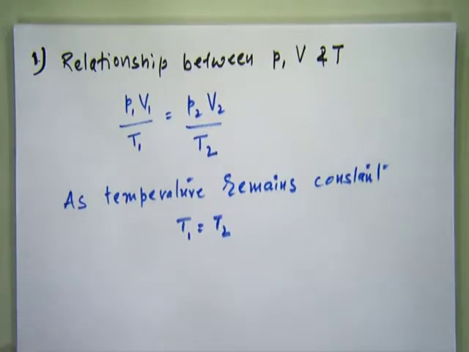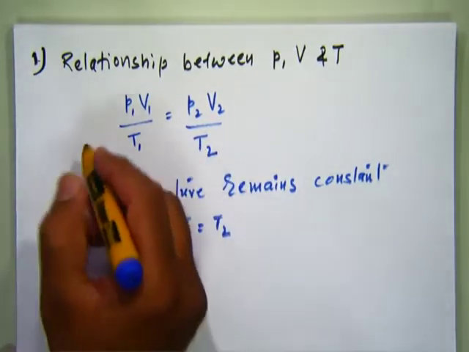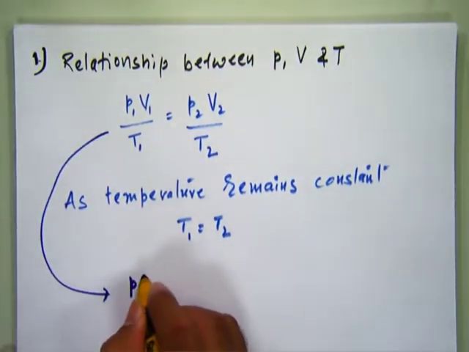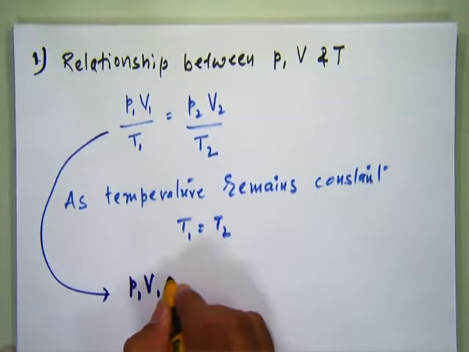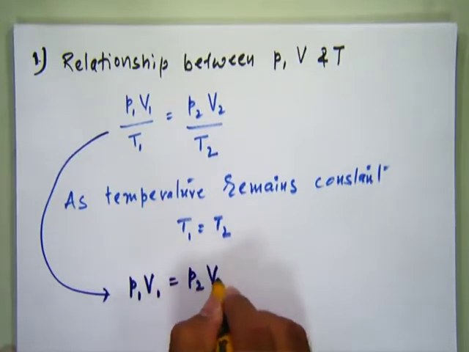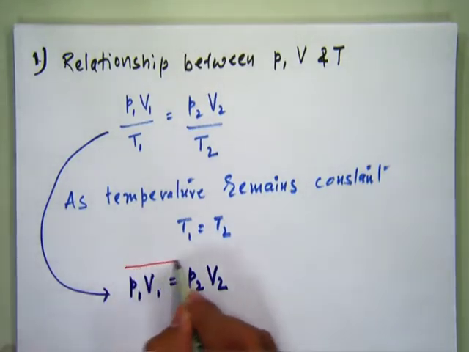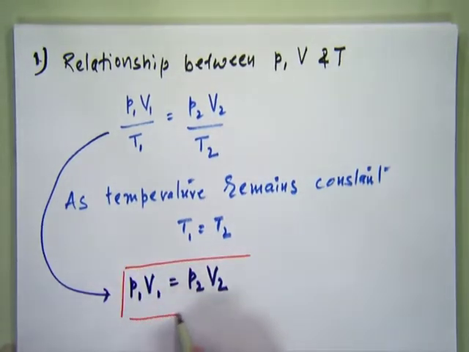When T1 is equal to T2, you can write this as P1 V1 is equal to P2 V2. This is the relationship between P, V and T in an isothermal process, constant temperature process.